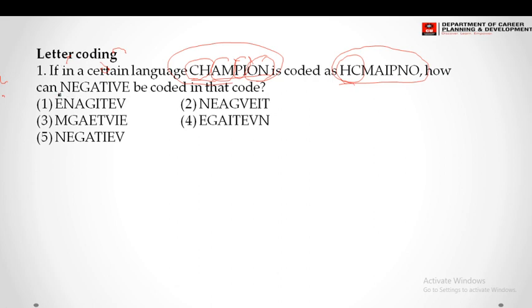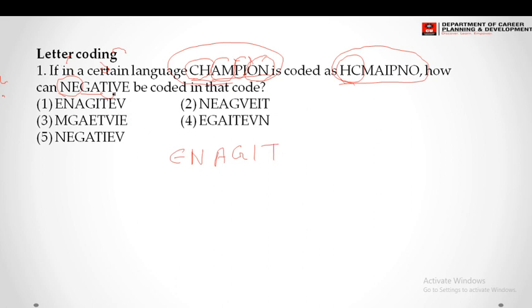So the first two alphabets are NE, so this can be written as EN. Then the next two are GA, so GA can be written as AG. The next two are TI, written as IT.